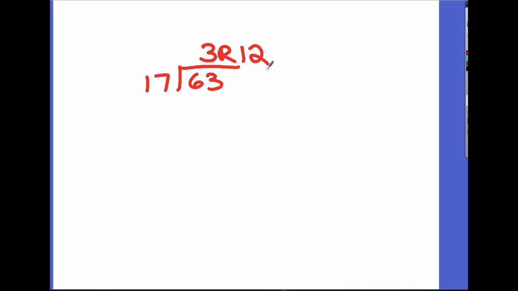How could I get the answer if they asked me to make a new division problem that would have the quotient of 3 remainder 12? How would I do that?